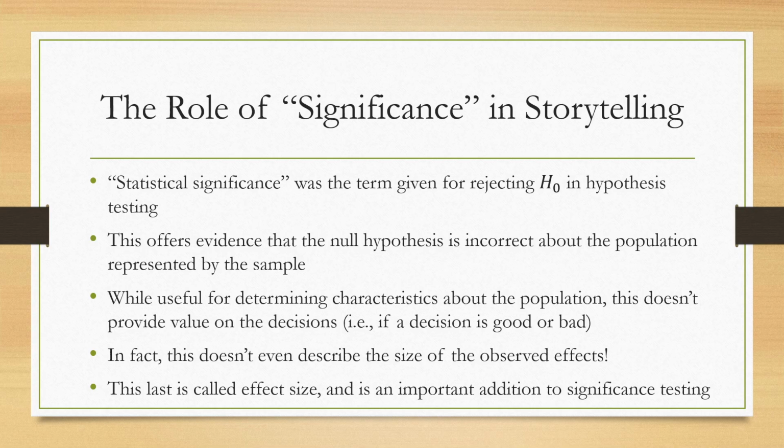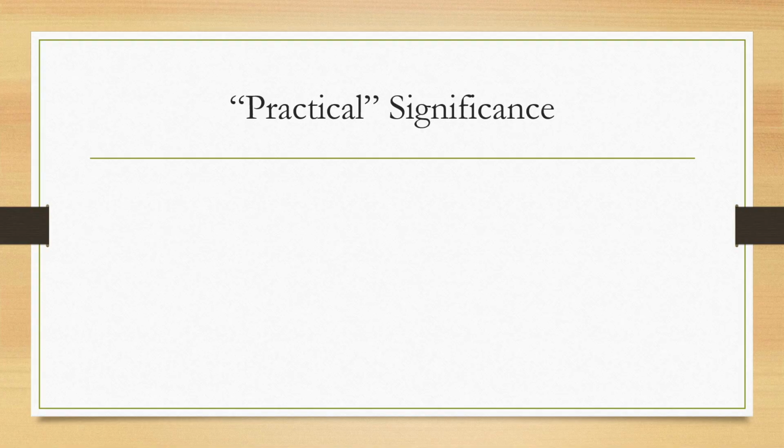It's a bit of a buzzword, but it's an important addition to provide with statistical significance and inferential statistics. So effect size, the buzzword, really just refers to the size of the effect. Sometimes you'll hear this referred to as practical significance. Another thing, especially in the medical setting, you'll hear is clinical significance. Are these results clinically significant?